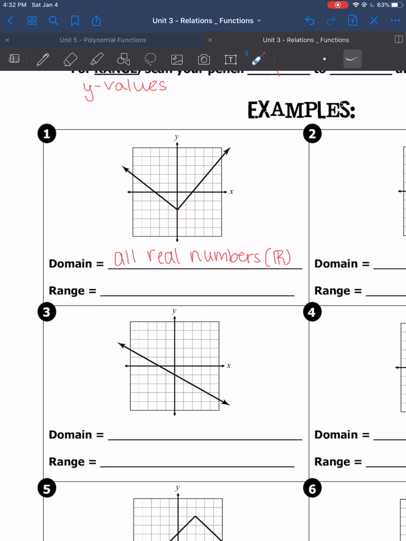So for this, everything is y greater than or equal to this point right here, which happens to be -2, because we're looking at range, so we're going to use y. So that is how you do domain and range for a function like that.